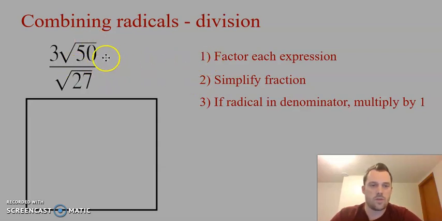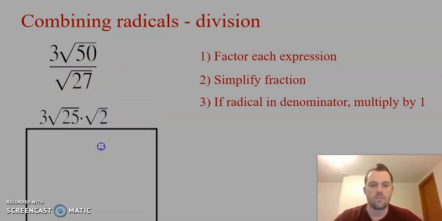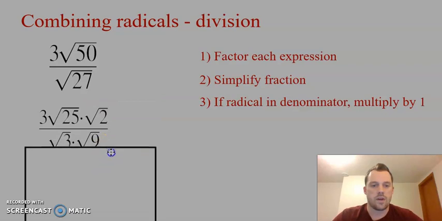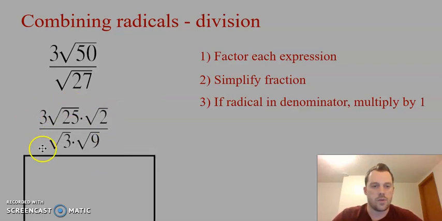So 50, we can factor out the perfect square 25, so 2 times 25. 27, we can factor out a 9, so 3 times 9. So that ends up giving us something like this. In my other videos, I haven't always written it this way, with 2 different radicals.